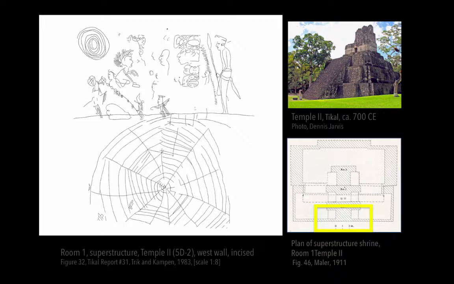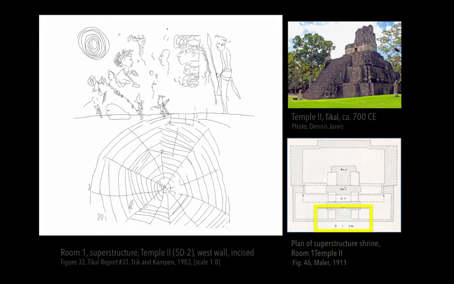Temple 1 also has lintels that are decorated and sculpted in the superstructure of the shrine at the very top, but we're not going to look at those. We're going to look at the graffiti. There are no ruler and protector theme graffiti subjects in the superstructure of Temple 2, yet we are looking at some interesting life experience, witnessed events.